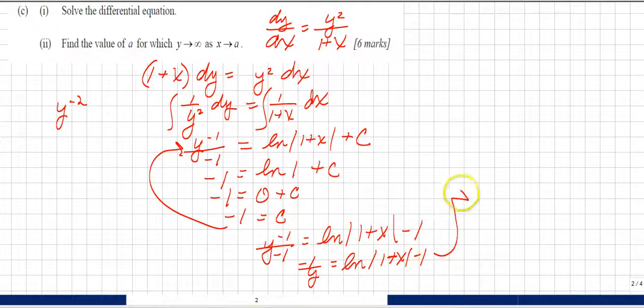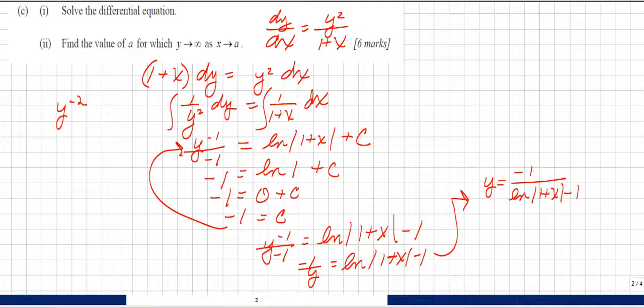And actually, let's solve this for y. That's easy enough, because all you have to do is reciprocate both sides and multiply both sides by a negative. So we get y equals negative 1 over the natural log of 1 plus x, minus 1. And now we have solved the differential equation for y.